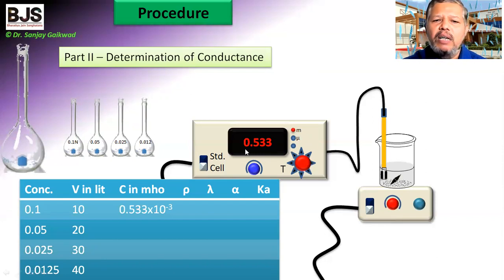Sometimes the same reading is given as 533.0, but the knob will be at 10 raised to minus 6. Then the readings are the same. Similarly, after measuring the conductance of the first solution, remove it, wash the electrode or conductivity cell carefully, and then replace it with the 0.05 molar solution.